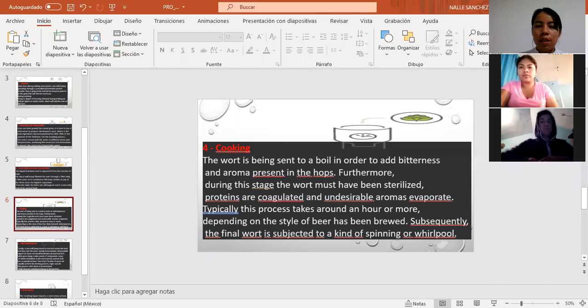Typically, this process takes around an hour or more, depending on the style of the beer being brewed. Subsequently, the final wort is subjected to a kind of spinning, or whirlpool.